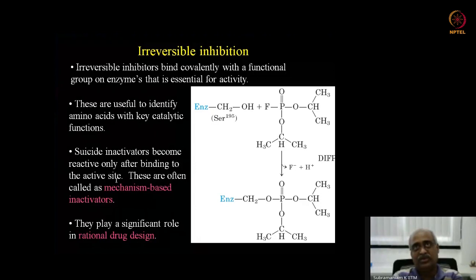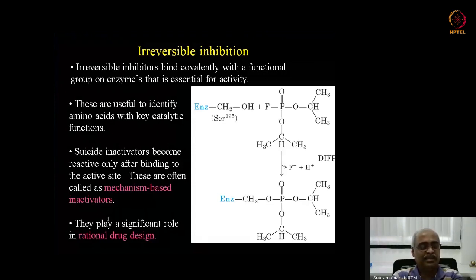Remember all that we learned about transition state and induced fit, where the enzyme and substrate both undergo conformational changes such that the transition state of the substrate and the induced fit state of the enzyme are the perfect fit. These suicide inactivators undergo that kind of distortion, and when they do, they become reactive and then they kill the active site. That is why they are called suicide inactivators.